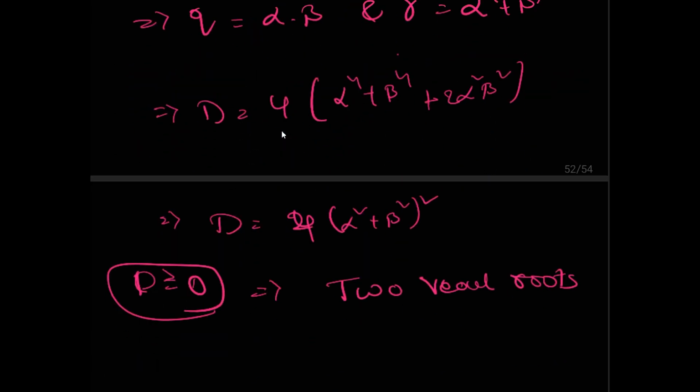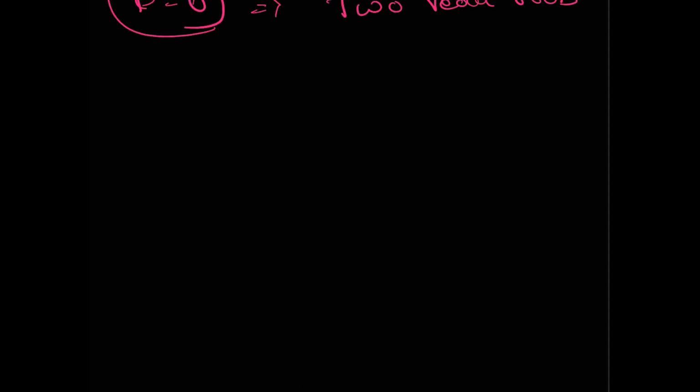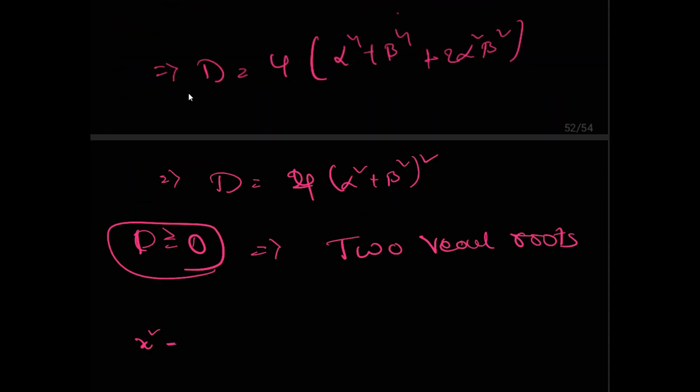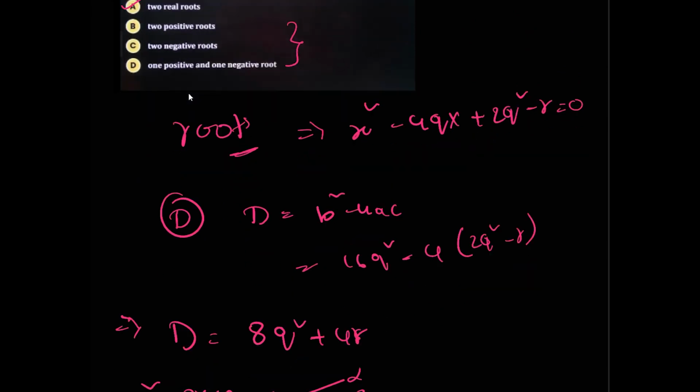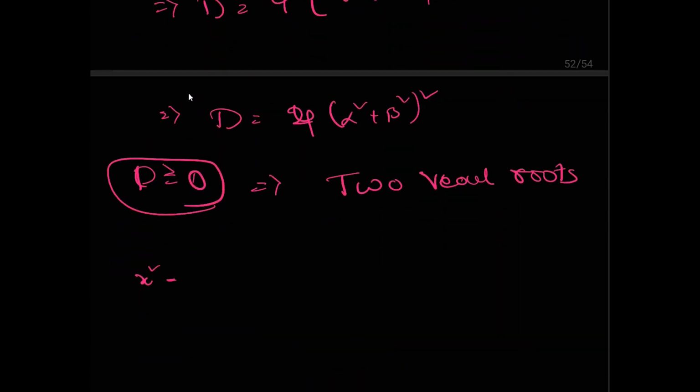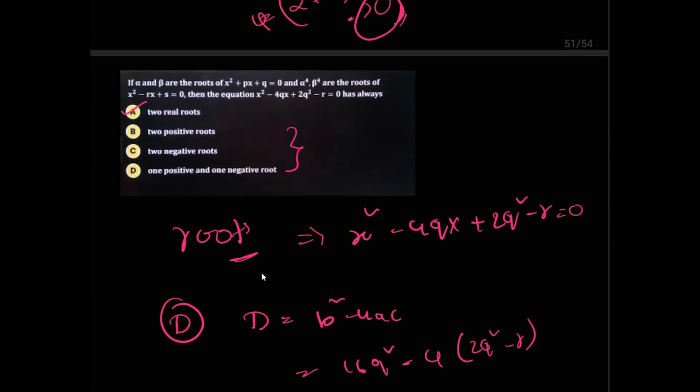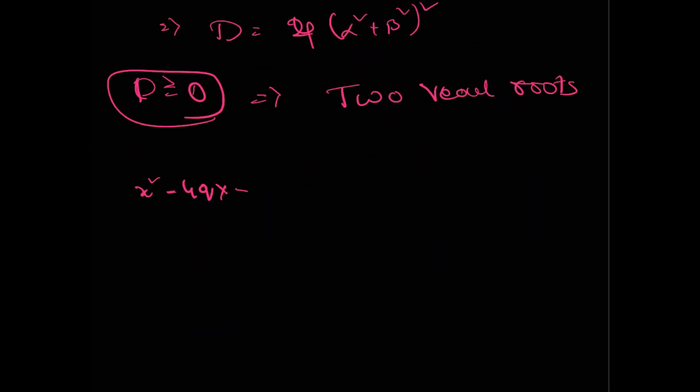For that, let us take the equation x square minus 4qx plus 2q square minus r equals to 0. Now substitute x equals to 0. We will get 2q square minus r, that equals to f of 0.